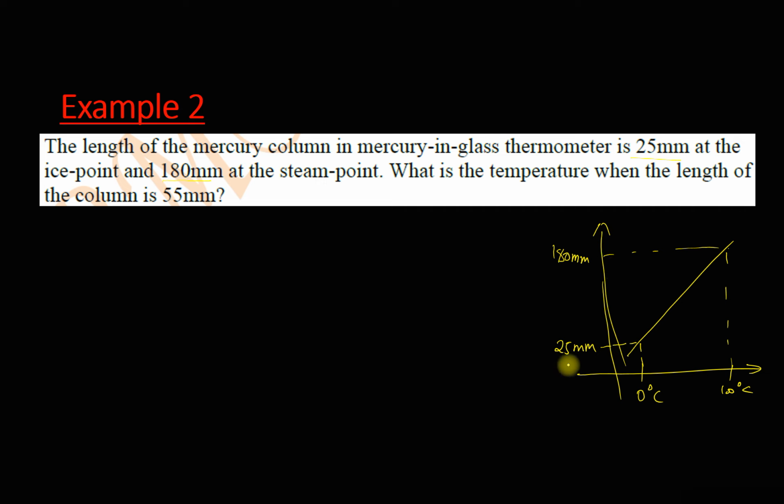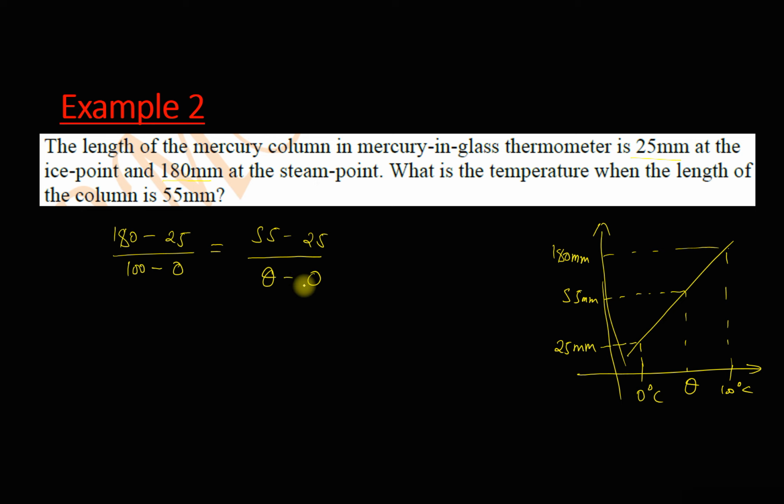We know that 55 is between 25 and 180, so I'll estimate it to be somewhere here. So this is 55 millimeters, and we want to find the temperature. I'll just use the gradient. So I'll say 180 minus 25 divided by 100 minus 0. This is the same as 55 minus 25 divided by theta minus 0.